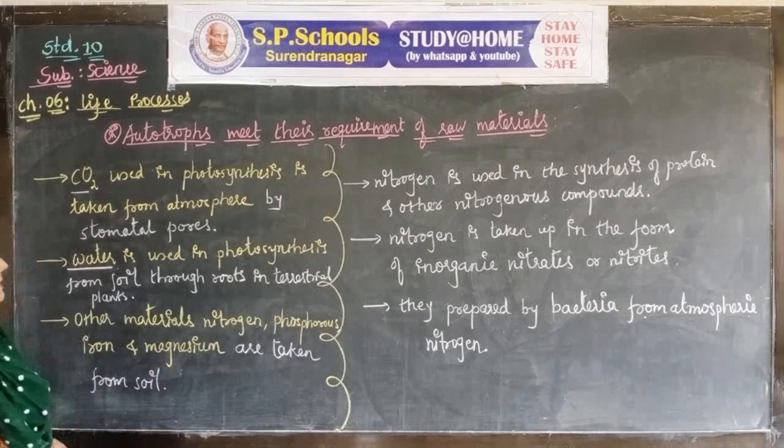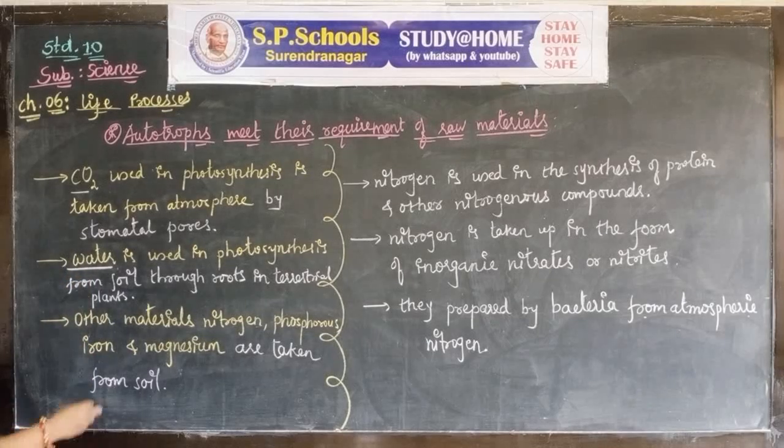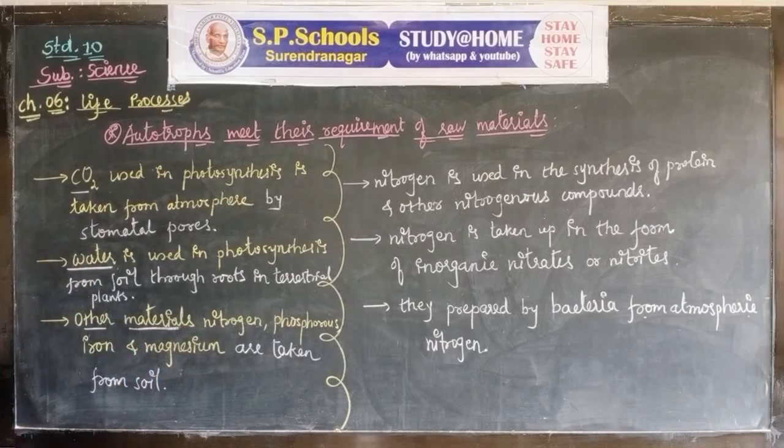So in three ways, carbon dioxide, water and other materials are taken, and autotrophs take raw materials and make their own food.